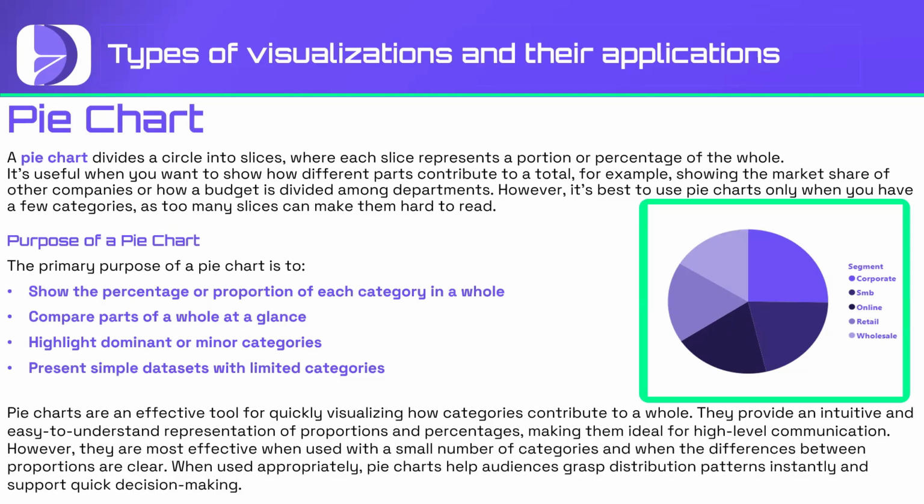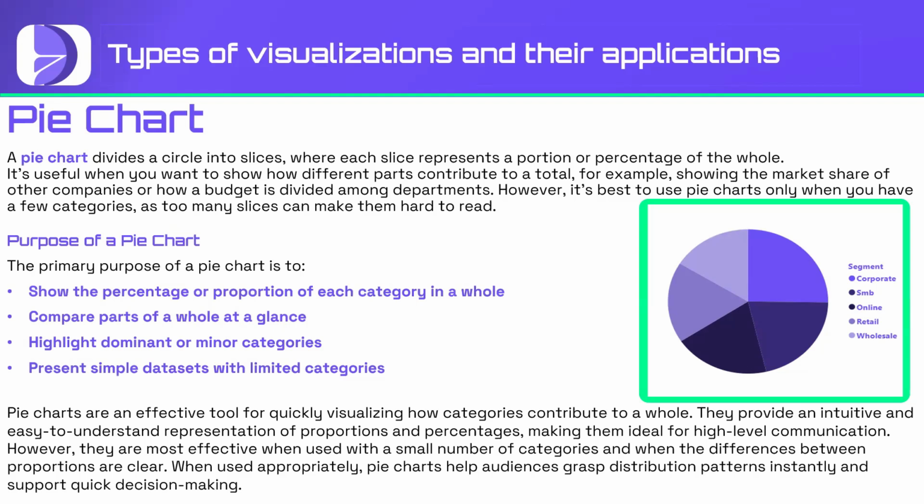Then finally, pie charts are an effective tool for quickly visualizing how categories contribute to a whole, like what percentage of the total each category is contributing. They provide an intuitive and easy to understand presentation of proportions and percentages, making them ideal for high level communication.